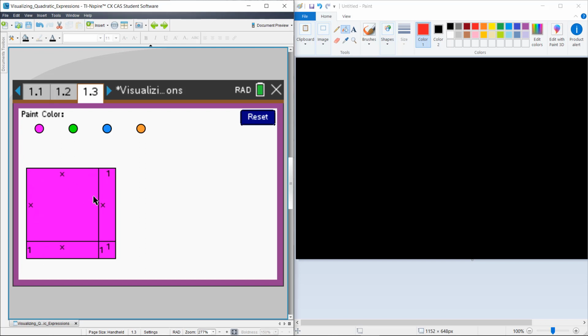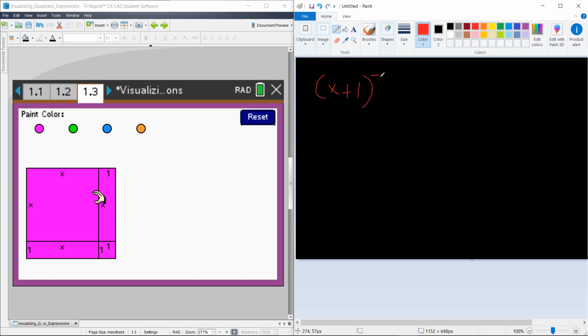So we can write this representation of it as x plus 1 quantity squared. What we're going to be looking at in this particular video is ways to find equivalent expressions to that, and then ways to verify those and make connections among those.